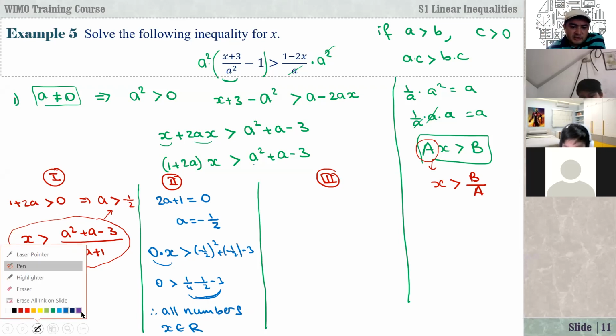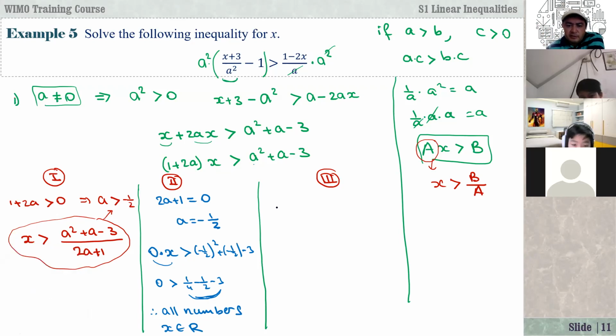What is that case? Let's use now purple here. The third one is, we have already considered the case when 1 plus 2a is greater than 0, and the case when 1 plus 2a is equal to 0. The third one is 1 plus 2a less than 0, which means that a is less than minus 1 over 2, right? So we know that if capital A is less than 0, when we divide both sides by it, we also need to change the direction of the inequality sign.